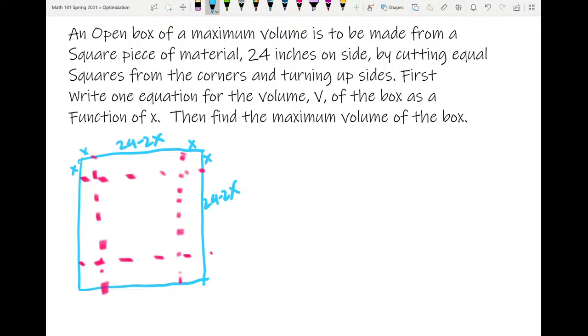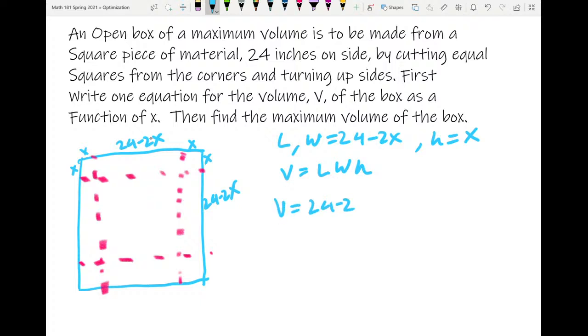All right. So let's look at the problem. First things first, length and width are going to be 24 minus 2x. The height is just x. So the volume would be L times W times H, so you get 24 minus 2x squared times x.